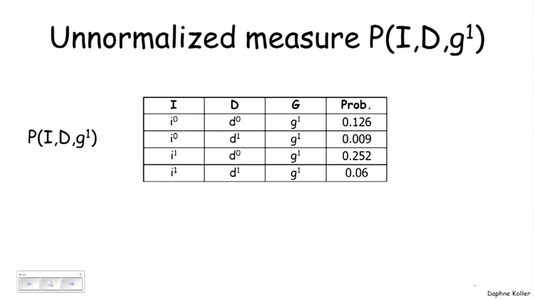In this case, we have a factor such as the probability of I, D, comma, G1. And notice that in this case, the scope of the factor is actually I and D, because there is no dependence of the factor on the value of the variable G, because the variable G in this case is constant. So this is a factor whose scope is I and D.